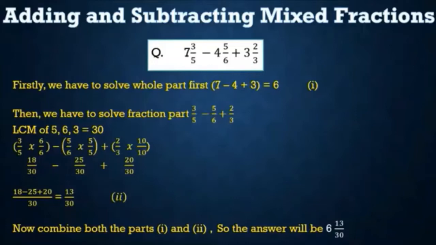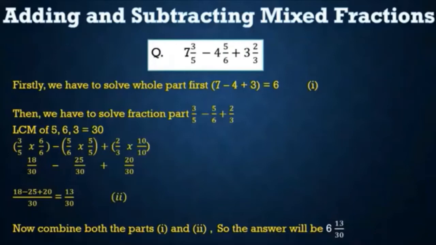Then we'll have to solve the fraction part, which is 3 by 5 minus 5 by 6 plus 2 by 3. So the LCM of 5, 6 and 3 is equal to 30. So we'll convert 3 by 5 into 6 by 6 minus 5 by 6 into 5 by 5 plus 2 by 3 into 10 by 10, which is equal to 18 by 30 minus 25 by 30 plus 20 by 30, which is equal to 18 minus 25 plus 20 by 30.